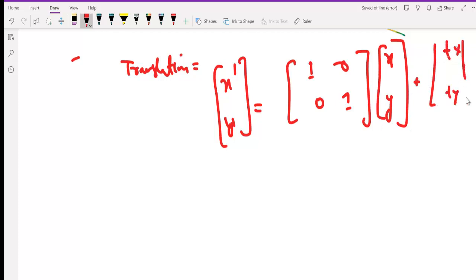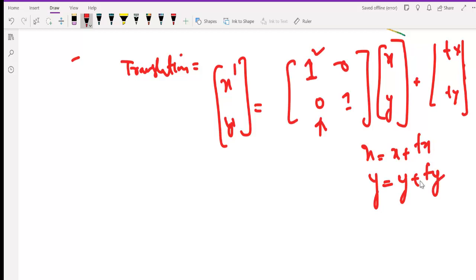So add whatever the t of x is to the x, and when you calculate the x, at that moment we have the x, no y, and when you calculate the y, there is no x but y. That means overall, x will be equal to x plus t of x, and y will be equal to y plus t of y. This is the first thing.